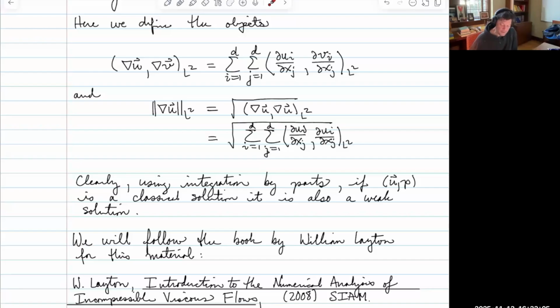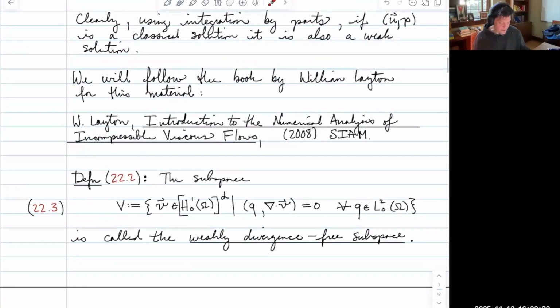You have to assume extra regularity, but certainly if I have a classical solution, then I can show that it's a weak solution. But the nice thing about the weak solution is, as usual, it doesn't require as many derivatives. Remember the classical solution, I required u, the velocity function, to be C2. For the weak solution, I merely require the velocity function to be an H1 function.